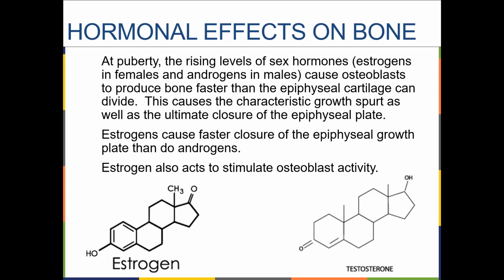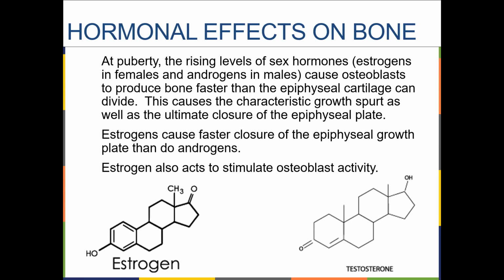The growth spurt actually ultimately works against continued growth, because as our levels of estrogen rise, they will eventually shut down the epiphyseal plate when they reach a certain point. Same with the testosterone.